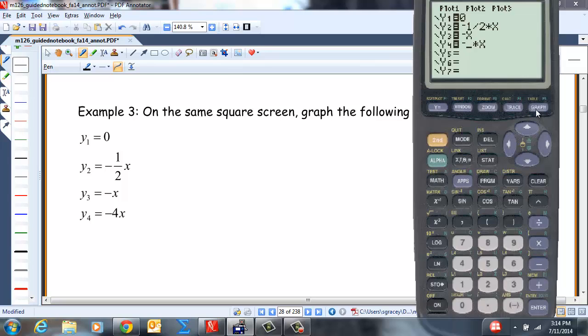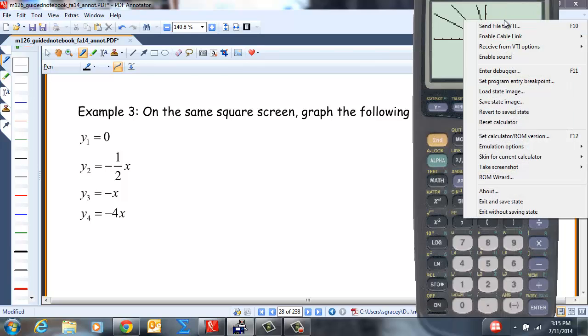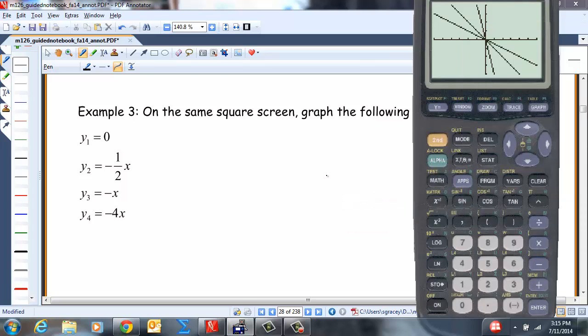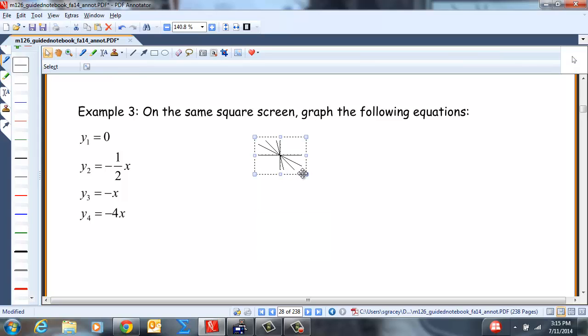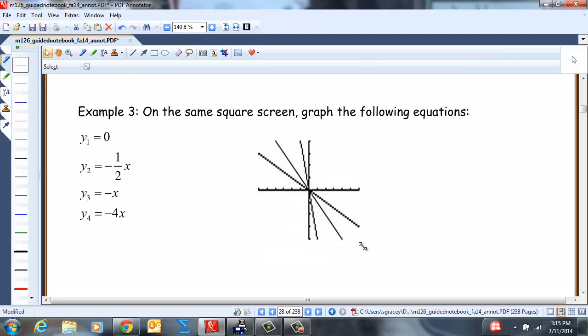So let's take a look at these graphs. Look what happens. We're going the other direction, right? So the only one that stayed the same was which one? Good, the horizontal line stayed the same.